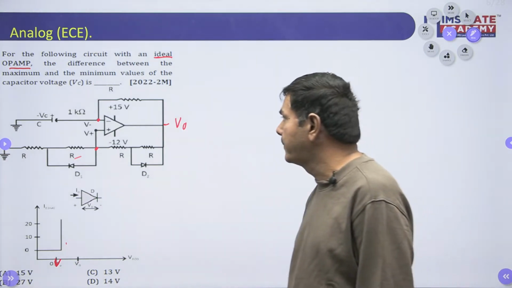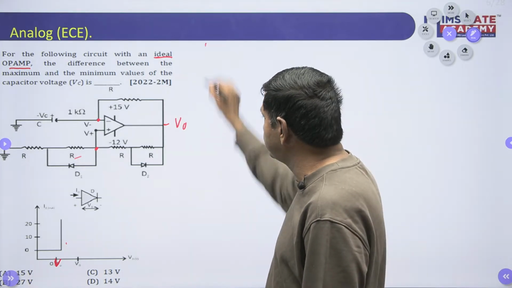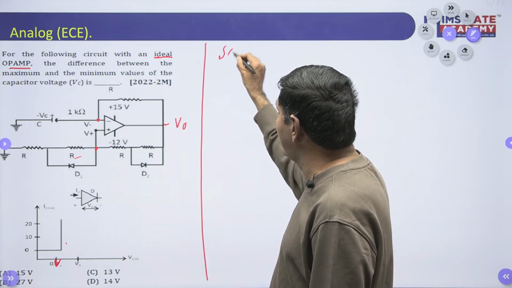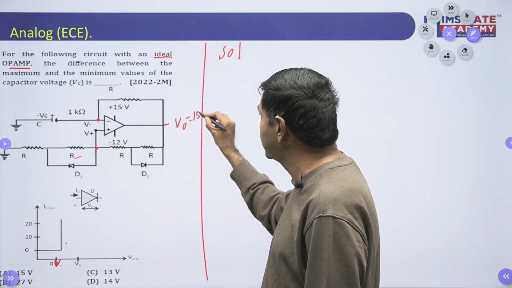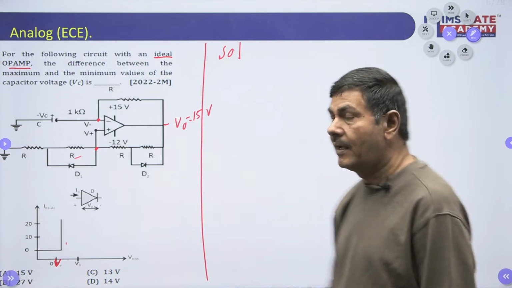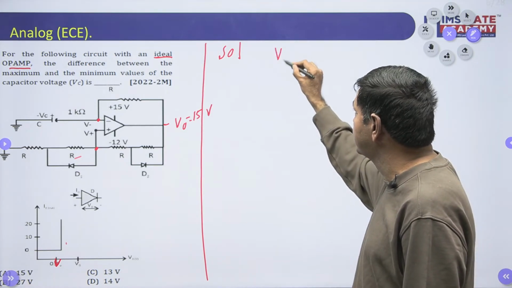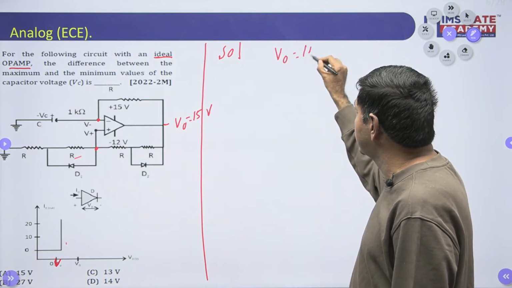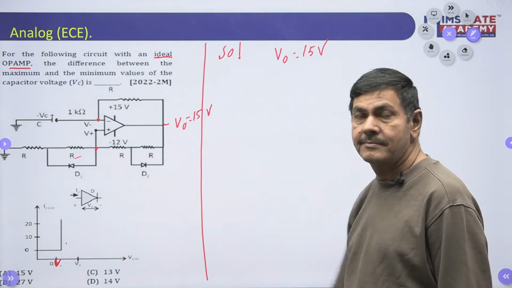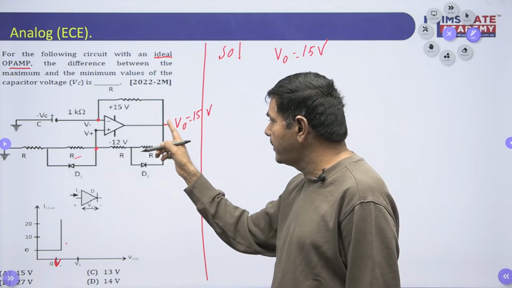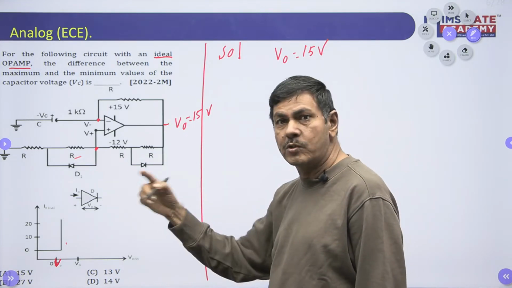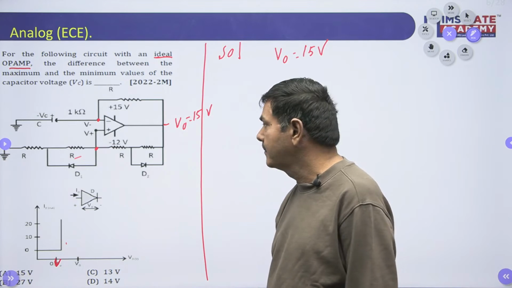Initially, I made an assumption: V naught equal to V sat, and V sat is 15 volts. If I get 15 volts at this point, how will those diodes be biased? Check it.